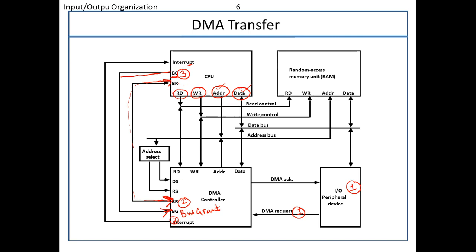So it will release all these buses to give access to the DMA controller. Got it? So now the entire process to access the memory directly will be taken by this DMA. Now the DMA has all the control to access the data. So this is how the entire process will take place.